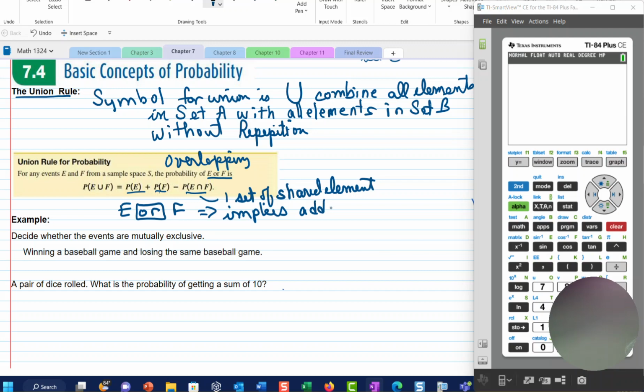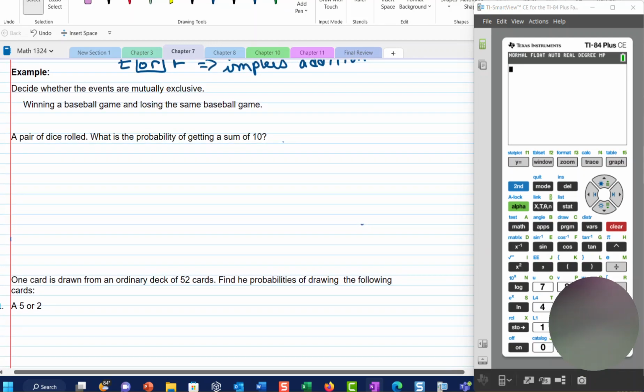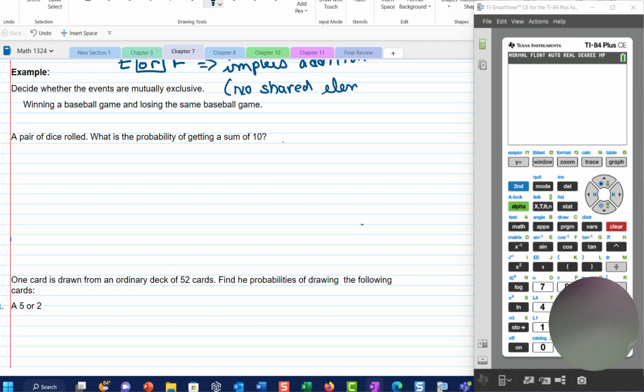So here we go. Now we're going to structure everything around this particular item. Here we have, for example, decide whether the event is mutually exclusive, meaning no shared elements. So let's read it.